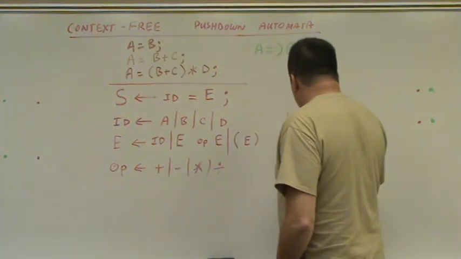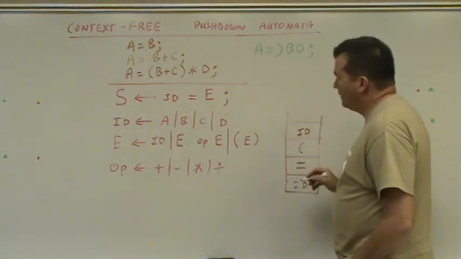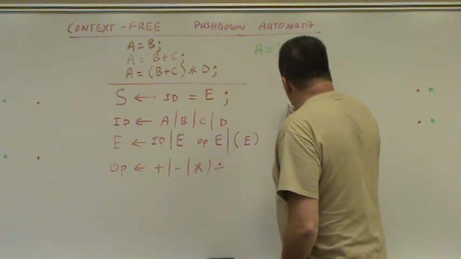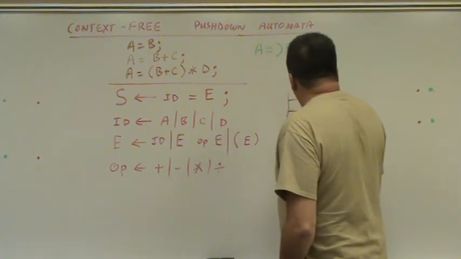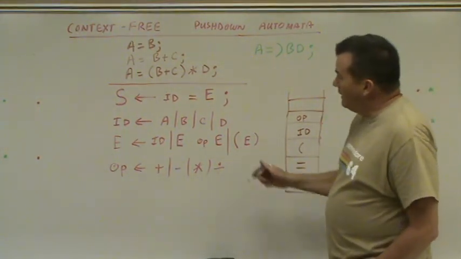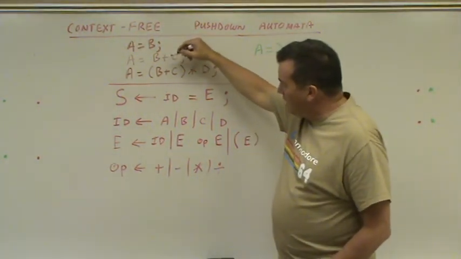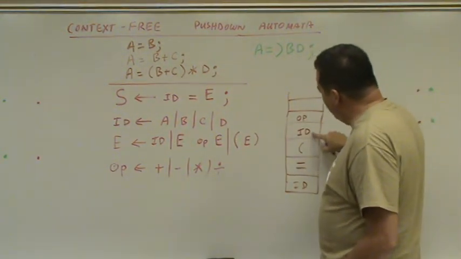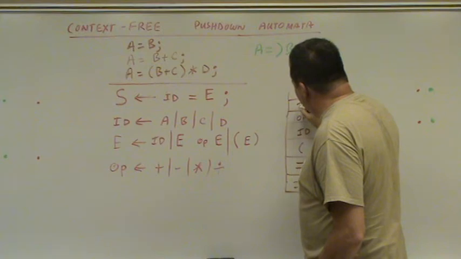That's an identifier. So we read identifier. We see a plus sign. That's an operator. And I'm just showing you the kind of computation that a compiler does. But it's following a context-free grammar, and it's using the push-down automata. So we have an identifier, followed by an operation, followed by an identifier.